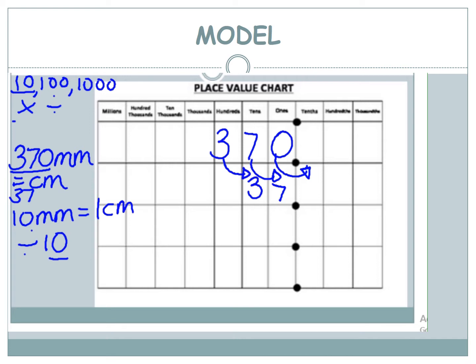Let's take one more example. So we're going to go from metres this time. We're going to go for 475 metres to kilometres.